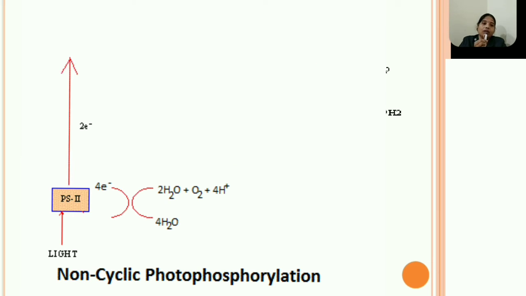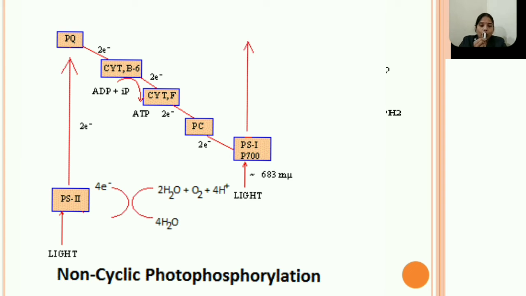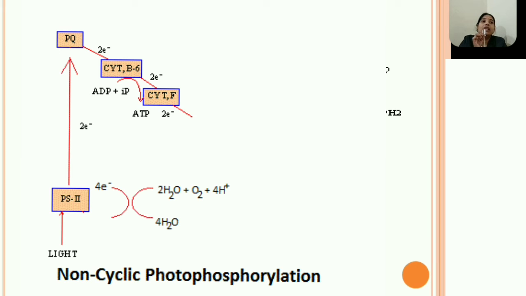Here, photolysis of water occurs: splitting of water breaks it down into H plus and OH minus and releases oxygen. The site of the complex for photolysis of water is the inner membrane of the thylakoid, and the NADP reductase enzyme is located on the outer membrane.